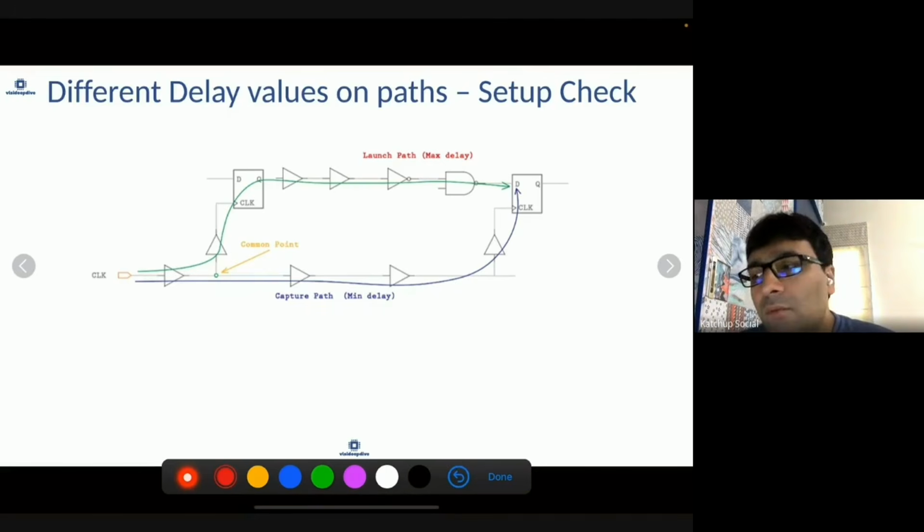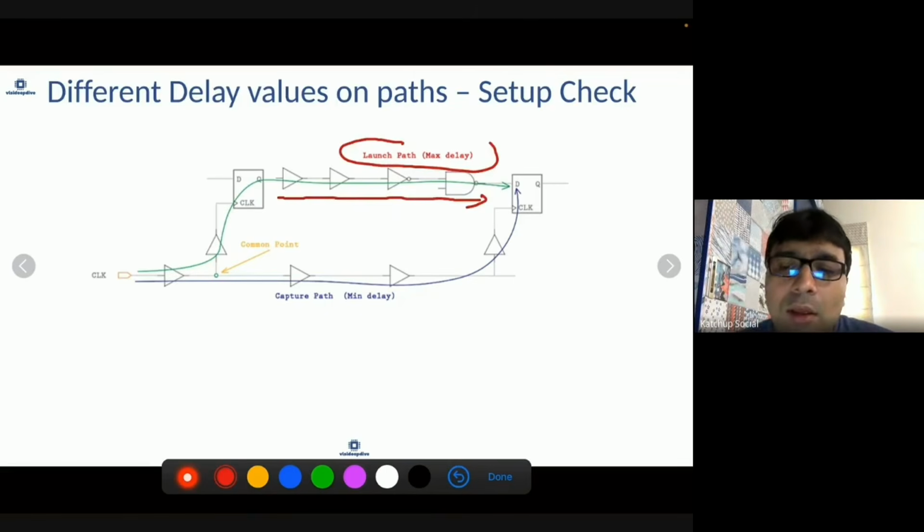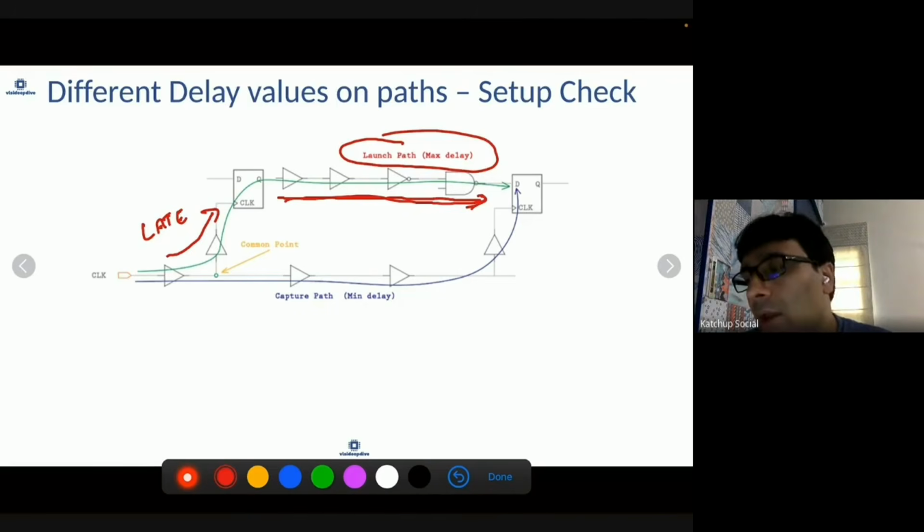For setup, to make setup pessimistic, it uses the maximum delay value on the data path. So basically, to make it worse, data should be launched as late as possible, and then the data path should have maximum delay. So the clock should come as late as possible on the launch side, and data path delay is maximum.